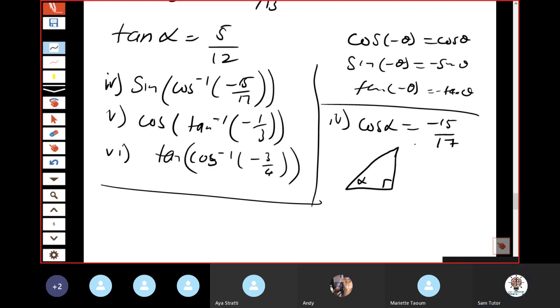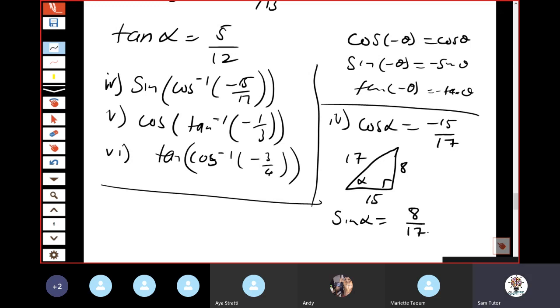That's alpha. Adjacent over hypotenuse. This becomes 8. What you're looking for is sine alpha. Sine alpha is opposite over hypotenuse.